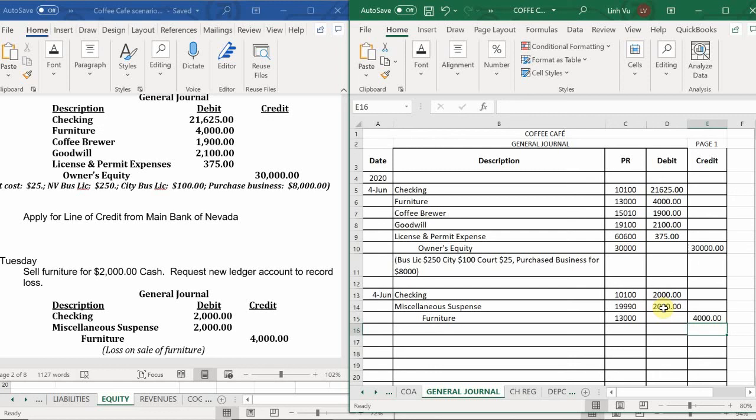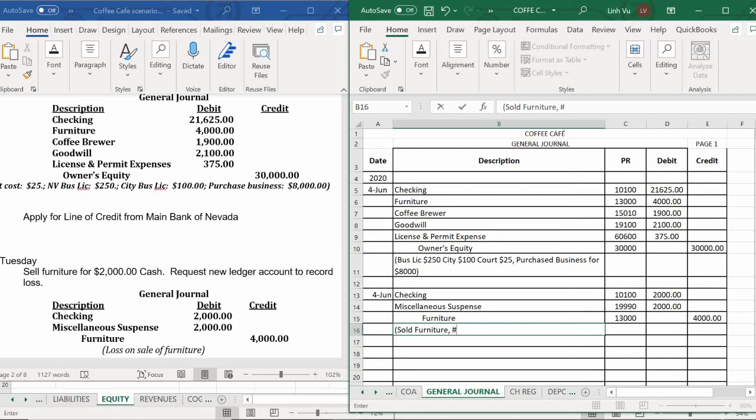So in this case, I added my two cells together. 2,000 plus 2,000 gives me an accurate amount of 4,000 on the credit side. Right? And last but not least, my description is going to be sold furniture. Okay?